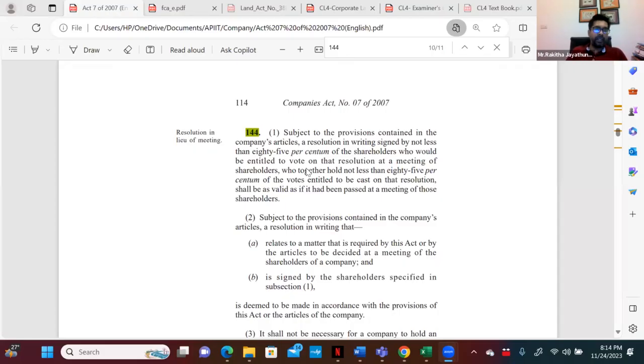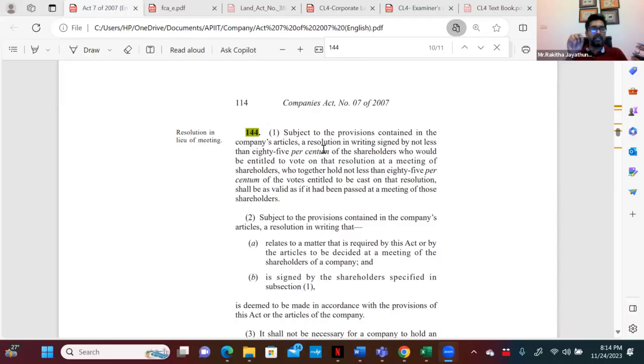Not every company can adopt resolutions in lieu of meetings, because if the constitution of the company, the articles of association, says no, you can't have resolution in lieu of meeting, then you have to have a physical meeting. That's why it says, subject to the provisions contained in the articles.